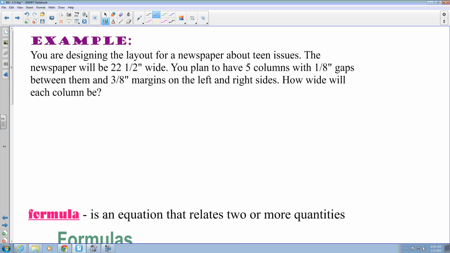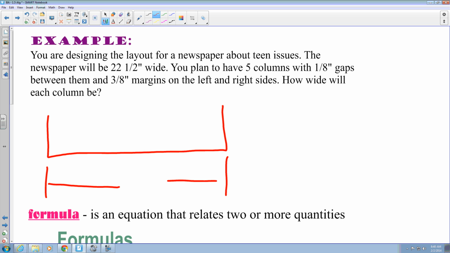So if you paused it, you got to do some work on it. First thing I did and what I suggested in class was, let's draw a picture. So what I'm going to do is draw a picture of this newspaper. They're telling me that this dimension right here is 22.5 inches.